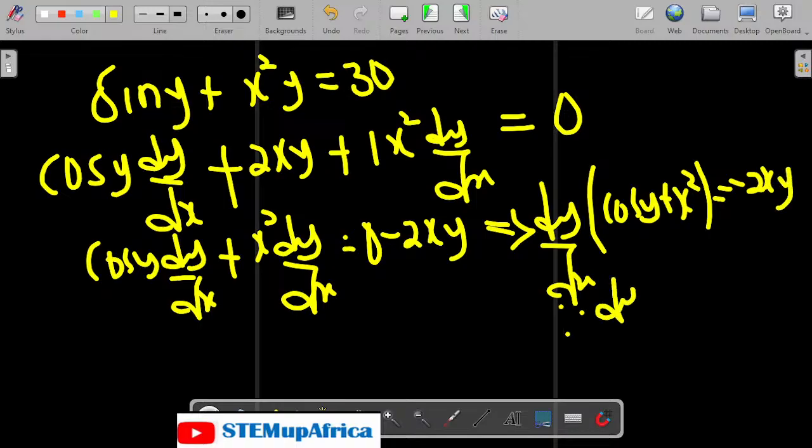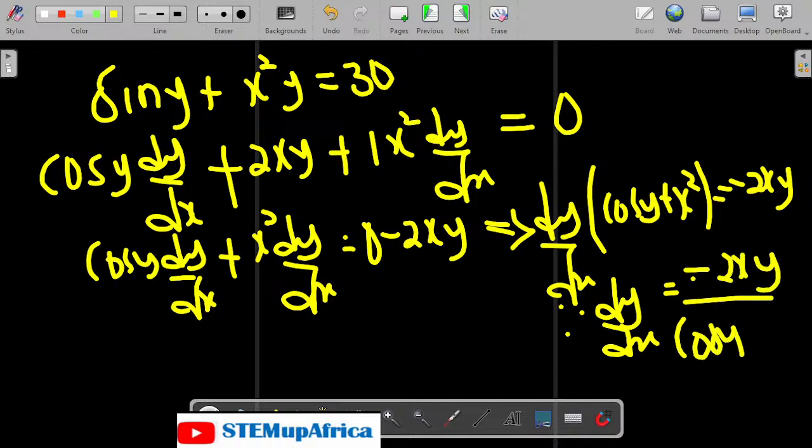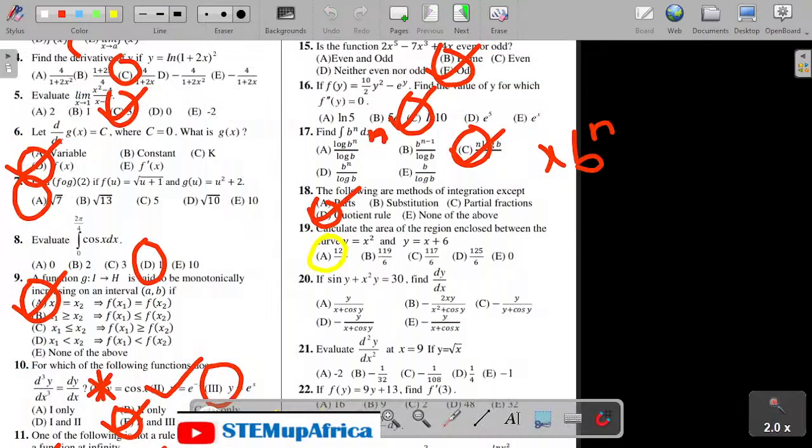Therefore, dy/dx is minus 2xy over cos y plus x squared. Is that the answer? Let's check that out. Minus 2xy over x squared plus cos y, which is option B.